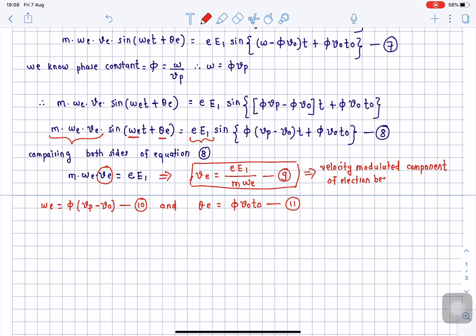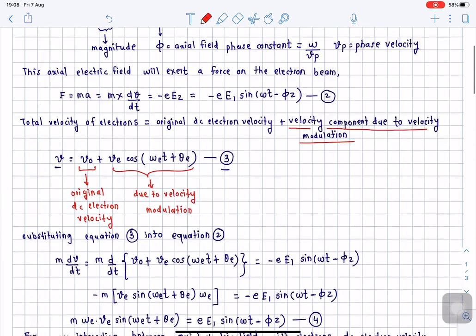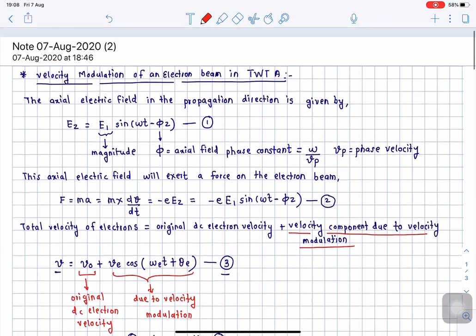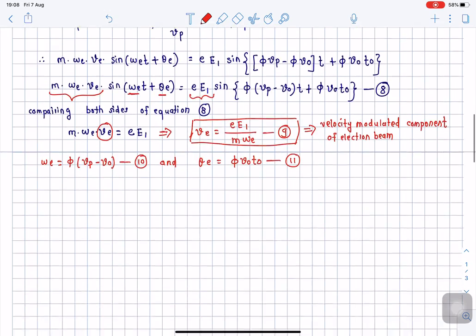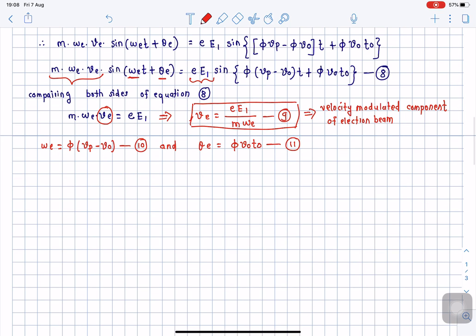So what we notice here, equation number 9 is nothing but the velocity modulated component of the electron beam. So here we started the velocity modulation of an electron beam. Equation number 9 essentially indicates that this is the velocity modulated component of the electron beam.